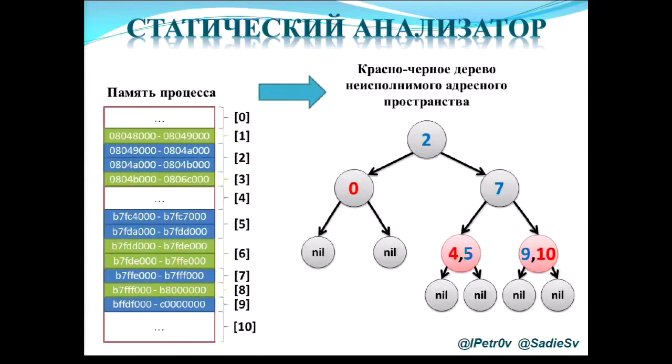In order to remove addresses which are not gadget addresses at an early stage, we built a red-black tree of intervals of non-valid memory. Under non-valid memory, we understand addresses which either are not allocated to the process, or are allocated, but don't allow the execution of instructions, because we need pages for the gadgets. Each interval is given a certain node in this red-black tree.